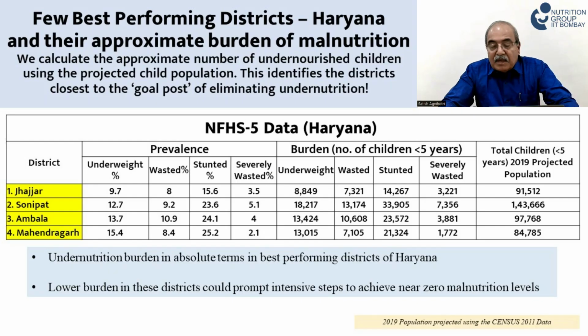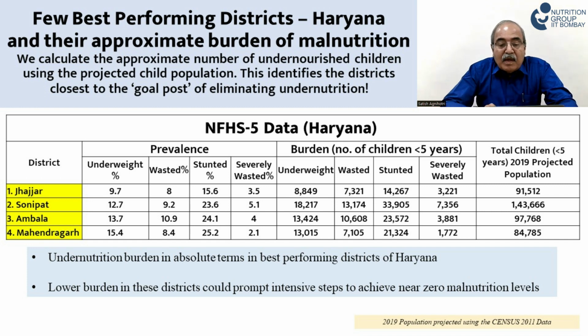We did another interesting exercise. We looked at a few best performing districts of Haryana, and we have taken the top four in terms of underweight, that is Jhajjar, Sonipat, Ambala, and Mahendragarh. Of them, we took the 2019 projected under 5 population based on the census 2011 data, and we worked out approximately what would be the number of children who would be malnourished or undernourished.